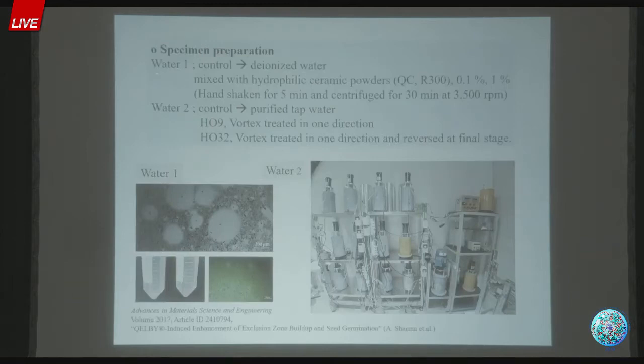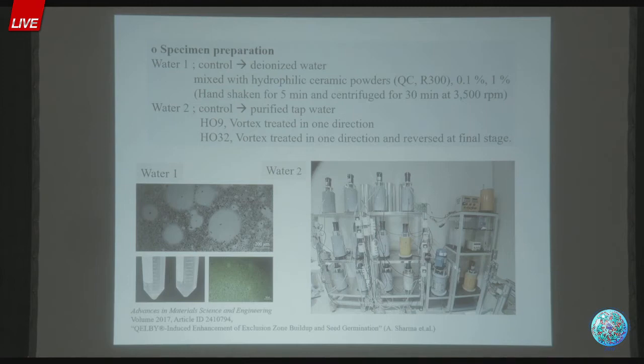Water one: the control is deionized water, and it was mixed with hydrophilic ceramic powders. Two kinds of ceramic powder were used, the QC and R300, with different concentrations of 0.1% and 1%. It was hand-shaken for 5 minutes and centrifuged for 30 minutes at 3,500 RPM.